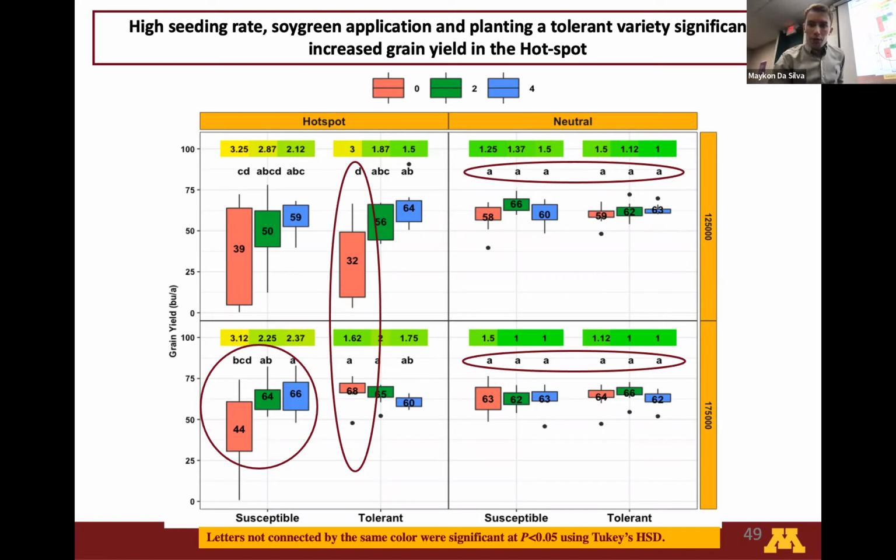Maykon, could you provide more details on the prediction of yield using the vegetation indexes? Are the presented vegetation index values from a single time point or averaged across the season? We flew the drone every week for almost 3 months, so we have vegetation index values for several time points during the growing season.